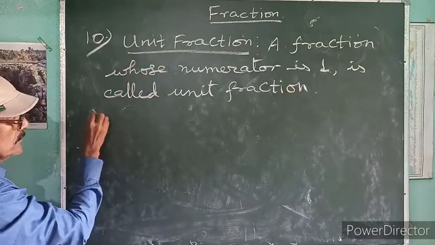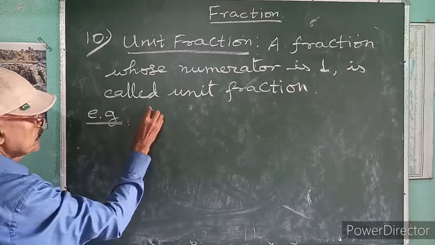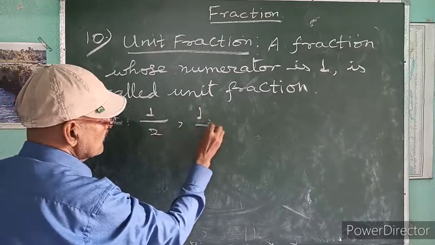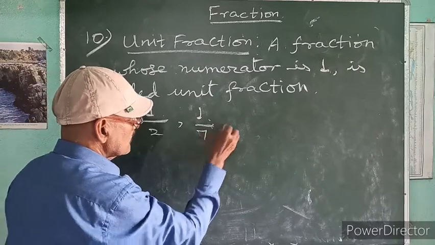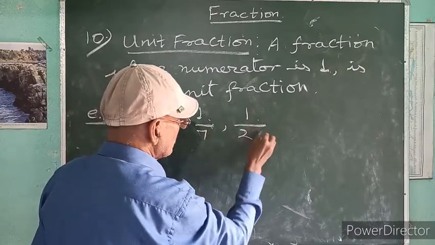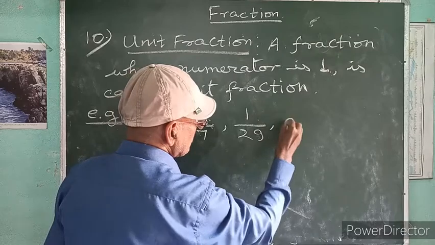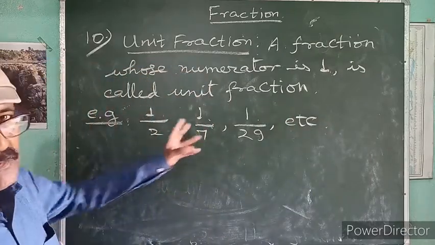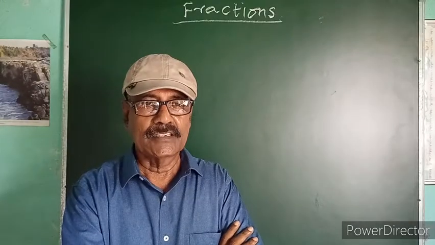Now example: 1/2, 1/7, 1/29, etc. So these are called the unit fractions. These are the examples. This chapter will be continued.